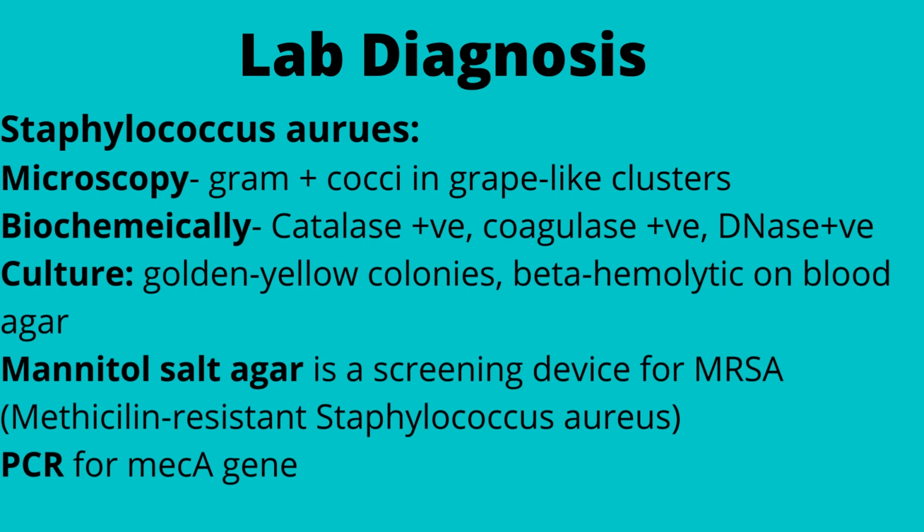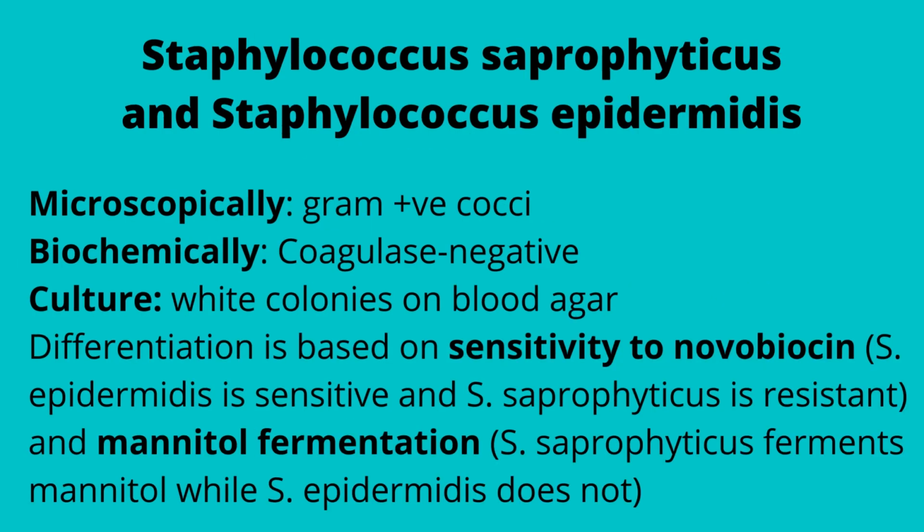On culture, they are beta hemolytic on blood agar, and their colonies are golden color due to the production of staphyloxanthin. Mannitol salt agar is another agar that is a screening device for methicillin-resistant Staphylococcus aureus. Here we can also do PCR for the mecA gene of Staphylococcus aureus.